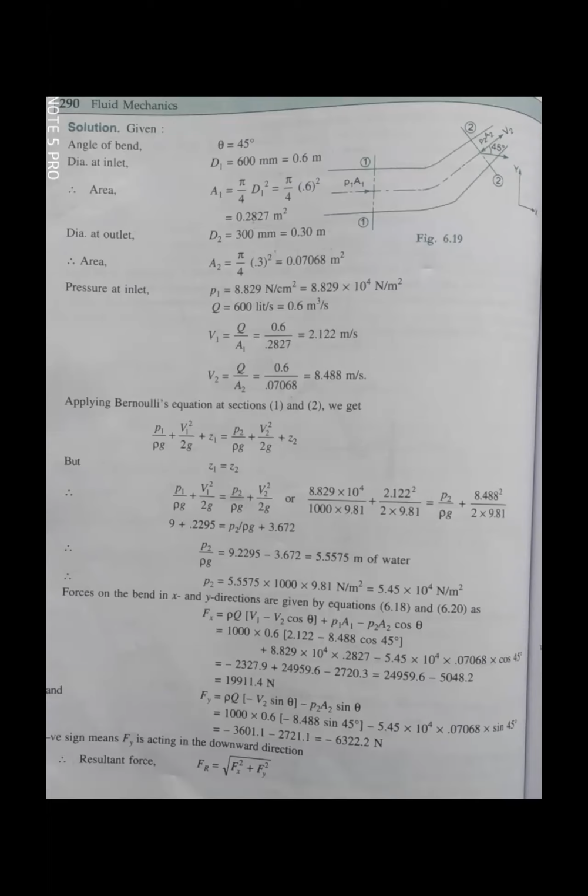Now what I am asking you here is, there is a bent pipe shown, and section 1 is taken at the inlet of the bend and section 2 at the outlet of the bend. Why is Z1 equal to Z2 written? Is it correct, or is it something else?